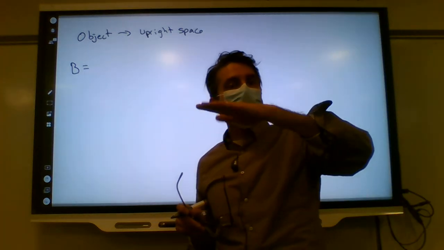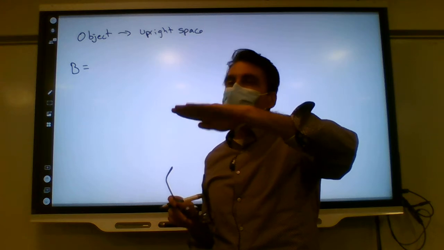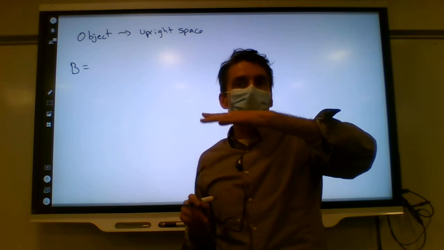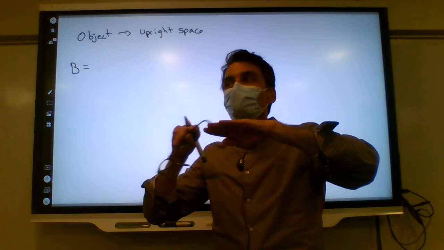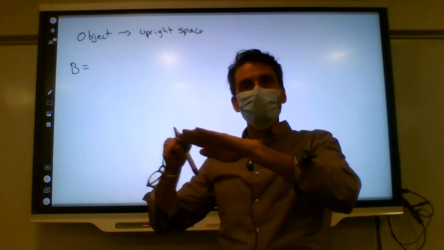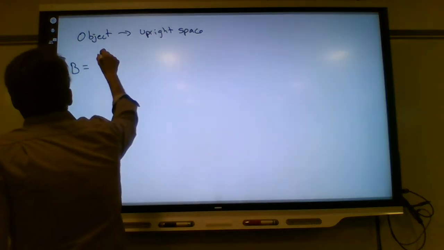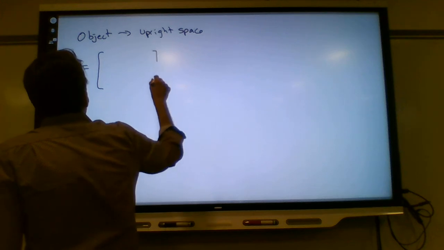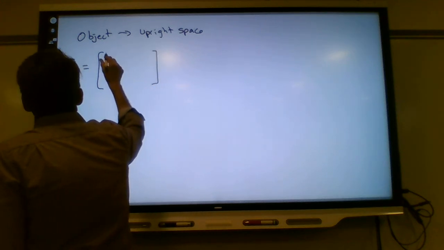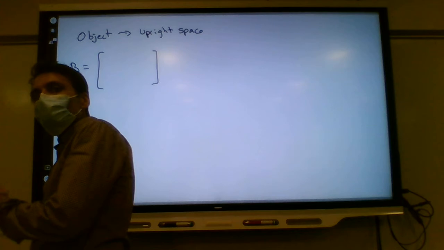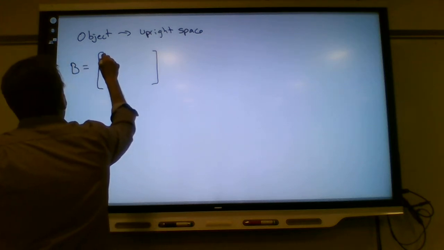Bank corresponds to a rotation about the z-axis, right? So this is what we created before when we were rotating things using 2 dimensions, but what happens in 3 dimensions?